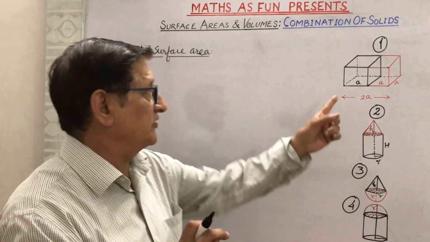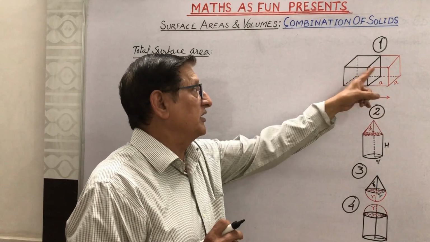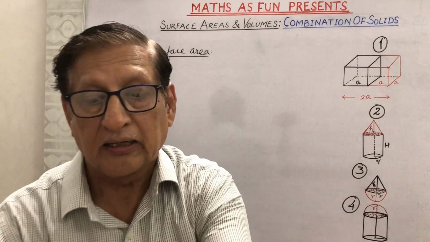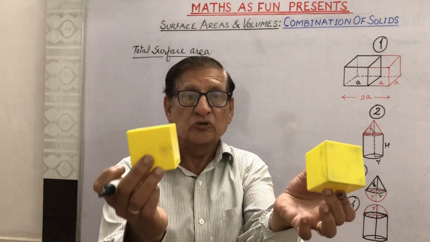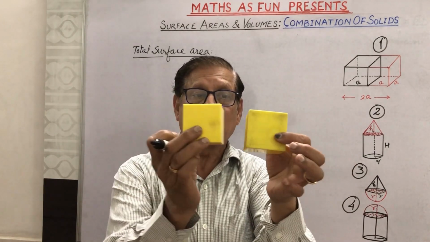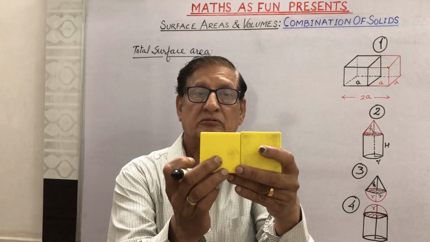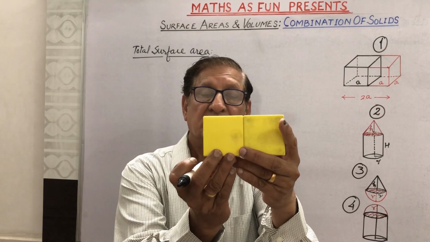See, the first case we are taking here is two cubes. If we are joining them with one face, like these two are the cubes, you can see. These two cubes, with one face of each, we are joining together like this. And we want to find out the total surface area of this solid.